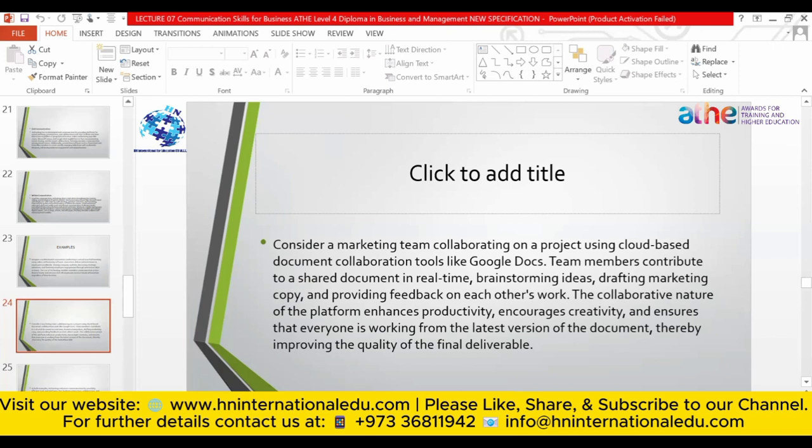The platform enhances productivity, encourages creativity, and ensures that everyone is working from the latest version of the document, thereby improving the quality of the final deliverable. Before reaching the final product, we are going to work so perfectly beforehand that there is no room for error.